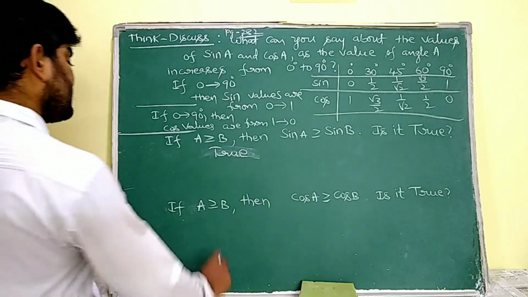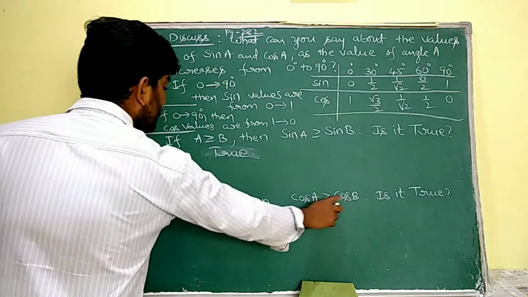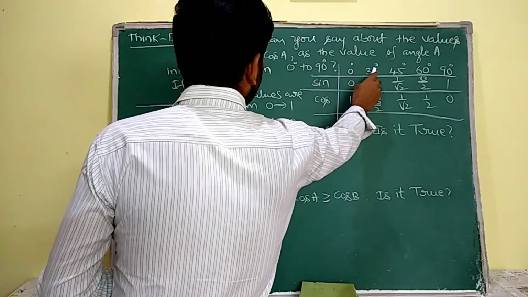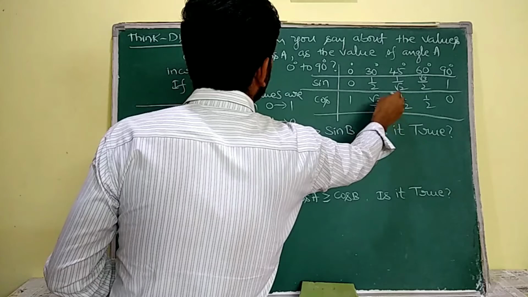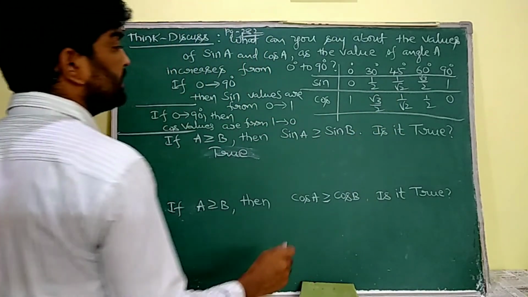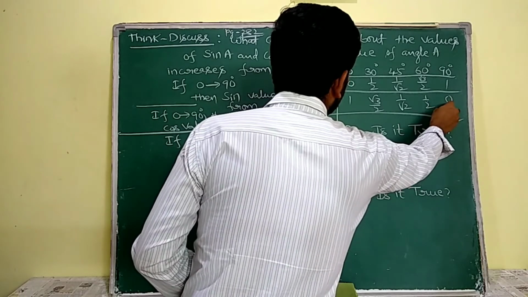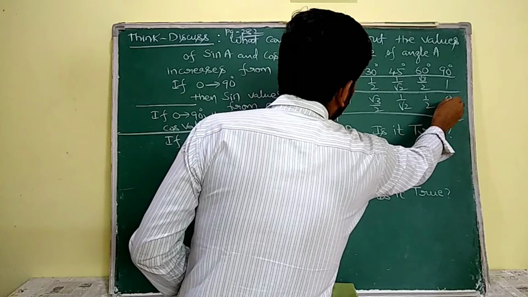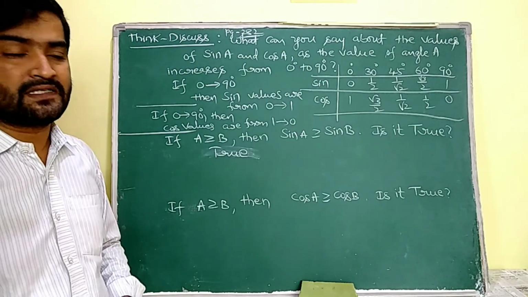See ma here, 45 is greater than 30, but 1 by root 2 is less than root 3 by 2. Or come to these two values, then you can understand easily. 90 is greater than 60, but cos 90 is less than cos 60.